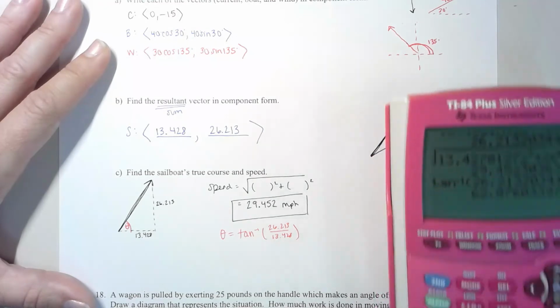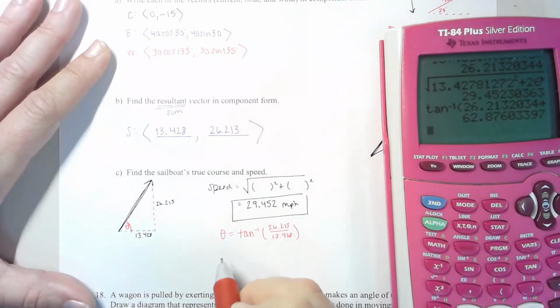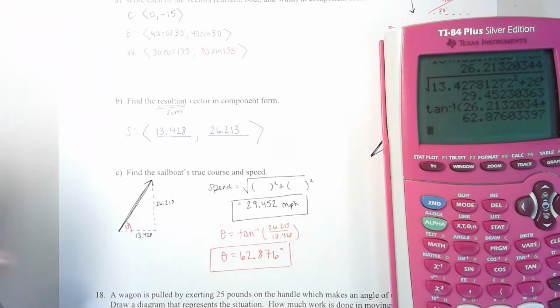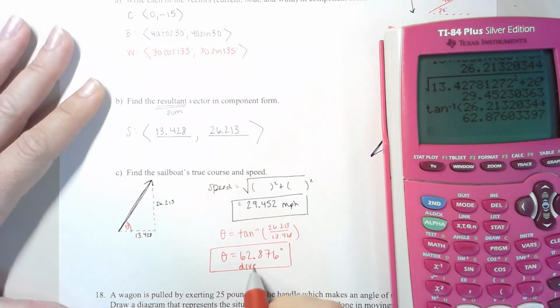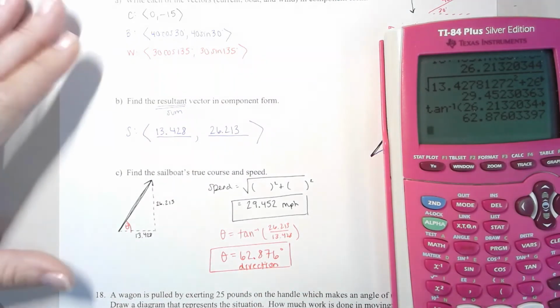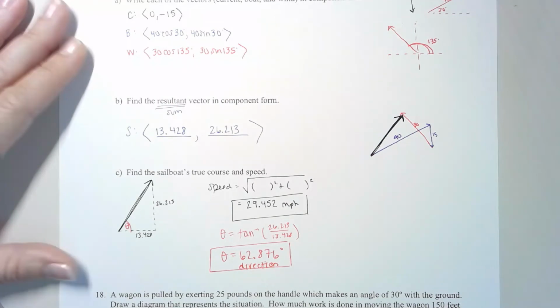And inside that inverse tangent, that gave me 62.876 degrees. And that's the direction of the sailboat. They didn't tell us to give it as a bearing, so I'm going to leave it as a direction.